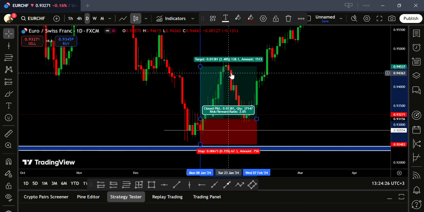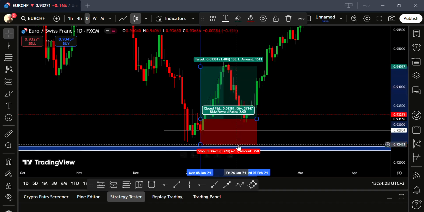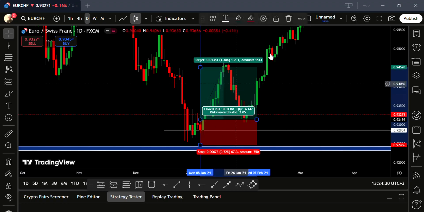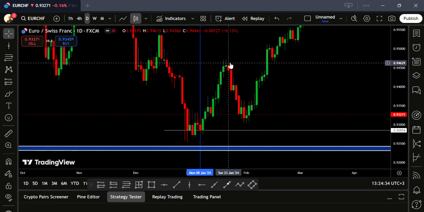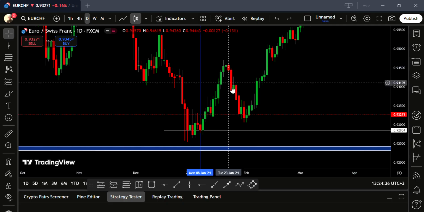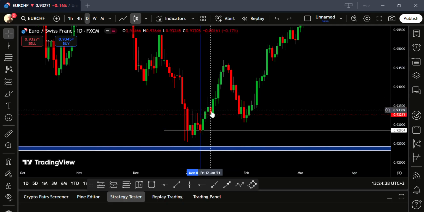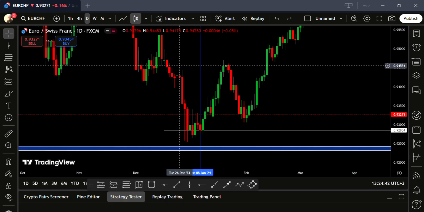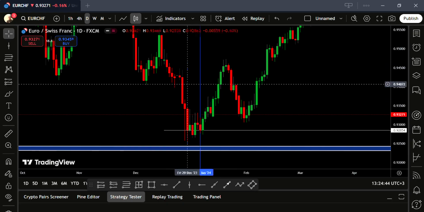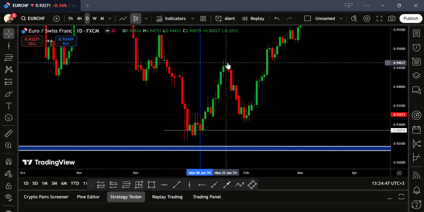$1,300. However, now I'm going to show you why I told you that you're going to get two entries. That is the first entry. So you use the capital from the first entry for the second entry. So the moment price passes this near supply zone and breaks it, like this one here, passed the supply zone and broke it and went up, that means the buy is now 100% confirmed.